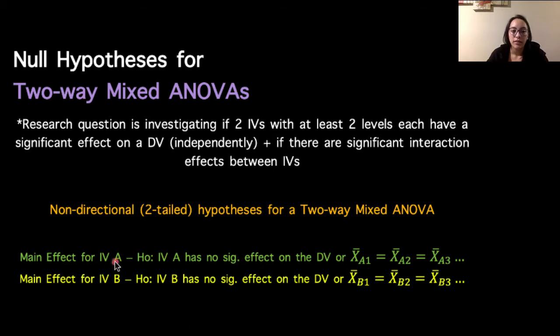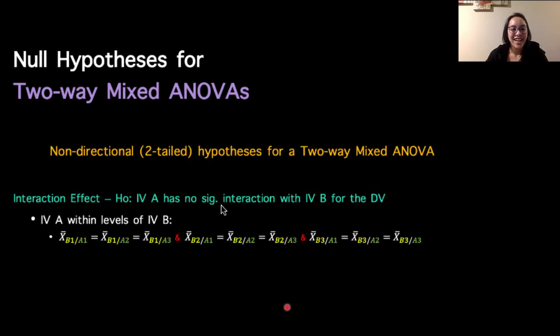So the main effect for independent variable A says that we have no significant effect of that particular manipulation on the dependent variable, and independent variable B has no significant effect on the dependent variable, which is the null for our second main effect. For the interaction effect, we say that independent variable A has no significant interaction with independent variable B for the dependent variable.